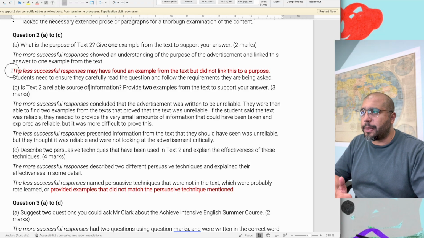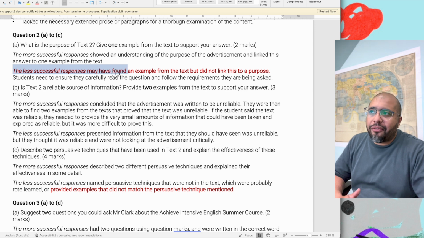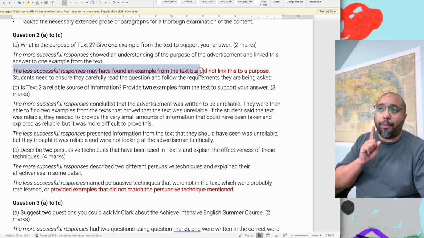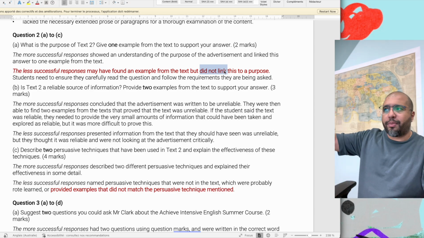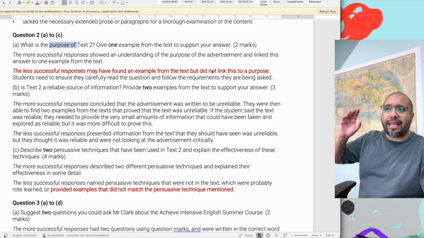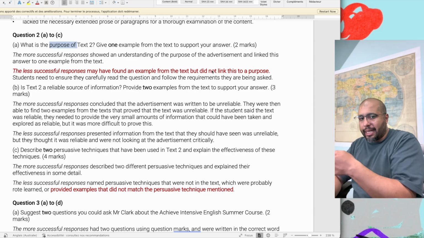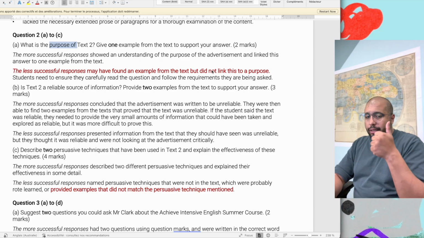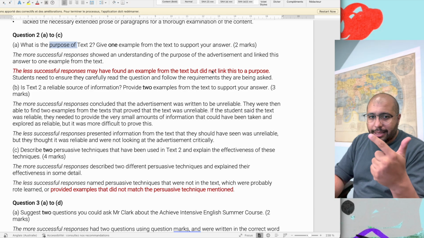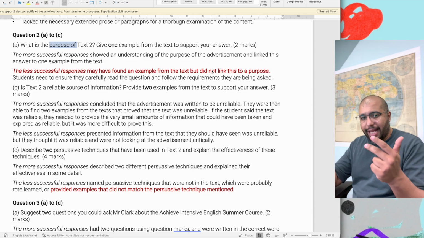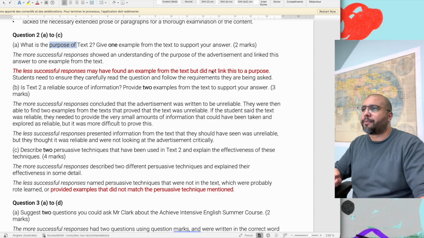The first one is that the less successful responses may have found an example from the text, but did not link it, in this case, to the purpose, because the question is about the purpose. But generally speaking, they didn't link it to the answer itself, which is why, like we said, correct answer, evidence from the text, and the evidence must match the answer, is linked to the answer.